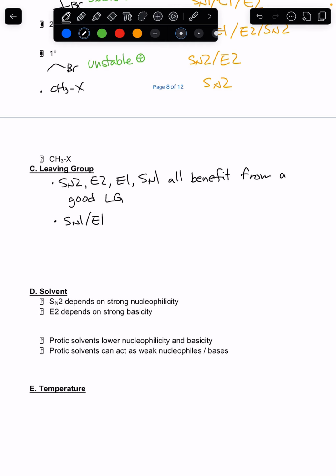And so as far as the likelihood of the reaction happening, these reactions solely depend on the leaving group's ability to leave. And so for that reason, if you have excellent leaving groups, they tend to speed up SN1 and E1 more than SN2 and E2. Okay.